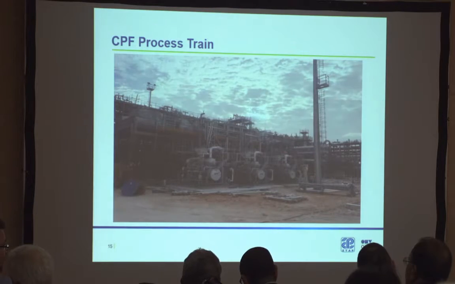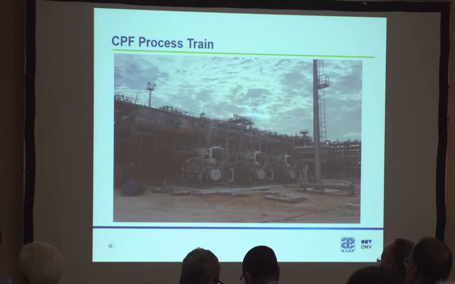The design of the storage tanks was based on the maximum capacity of condensate production, and the plateau is only 3 years. It's not like the gas, which has a long plateau of 15 years. So we based it on 4 days of production, and this is the maximum capacity.